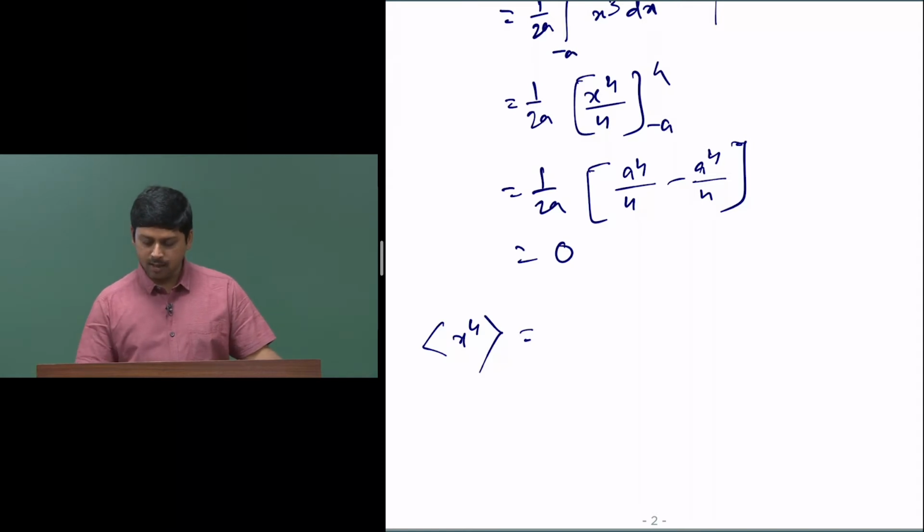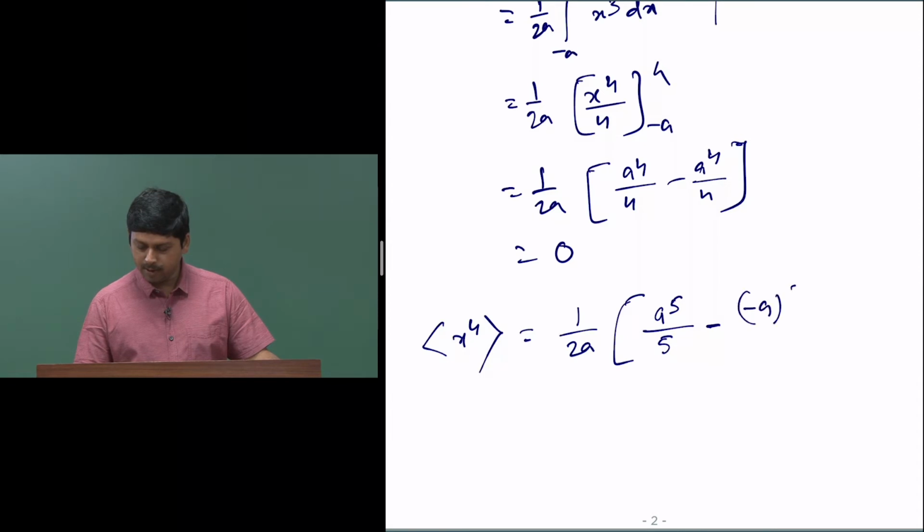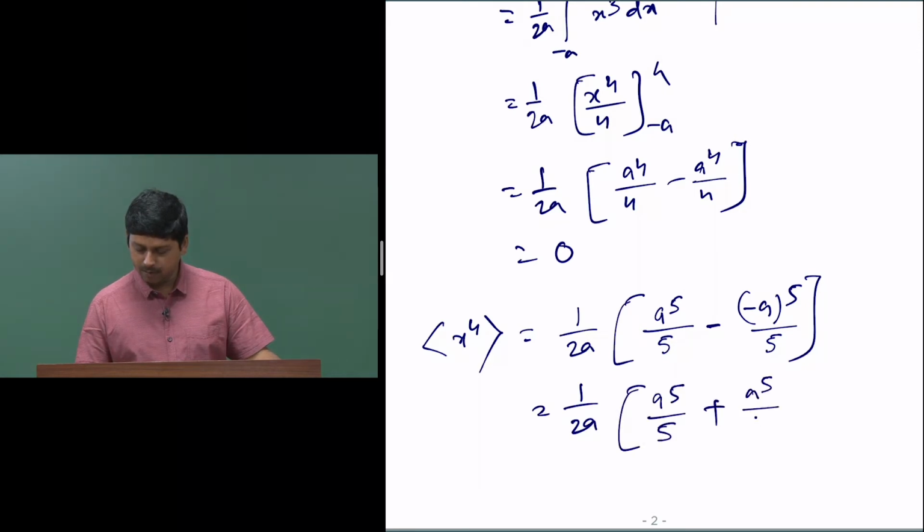I can write the answer now by following the above ones: 1 by 2a times (a to the power 5 by 5 plus a to the power 5 by 5), which is 1 by 2a times 2a to the power 5 by 5, giving us a to the power 4 by 5.